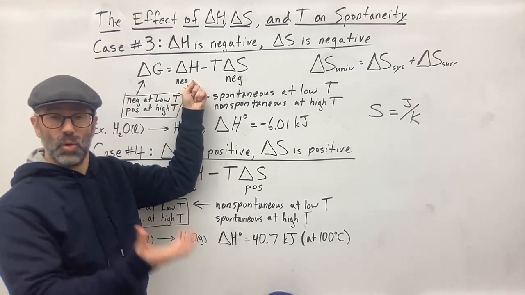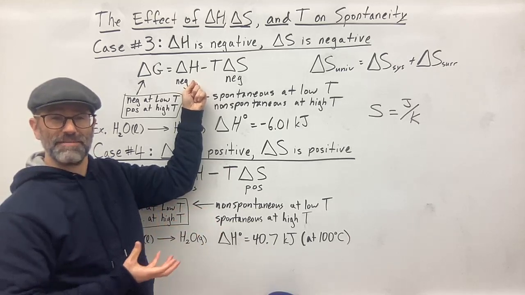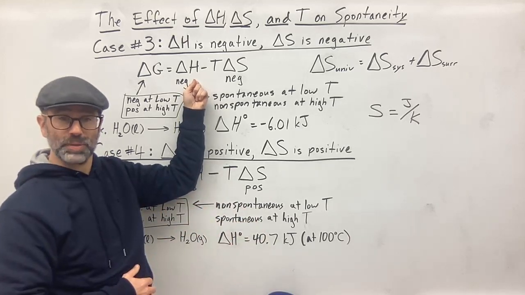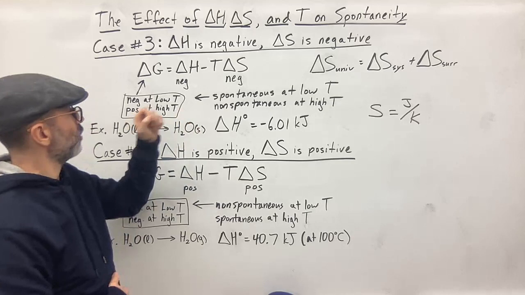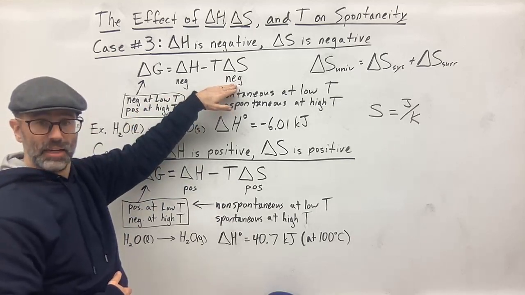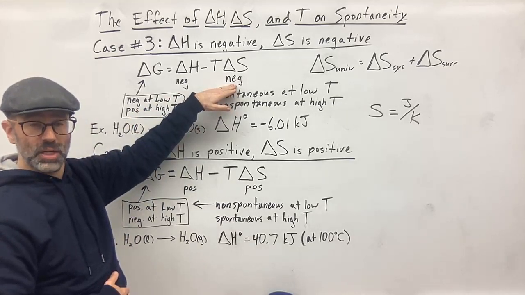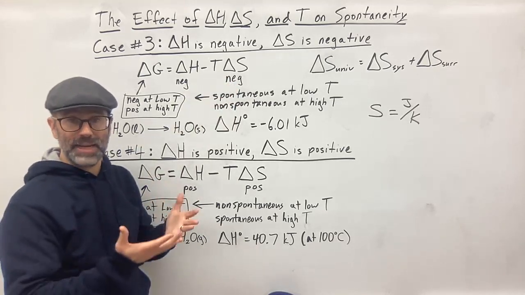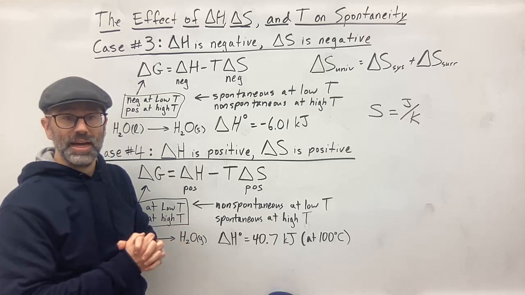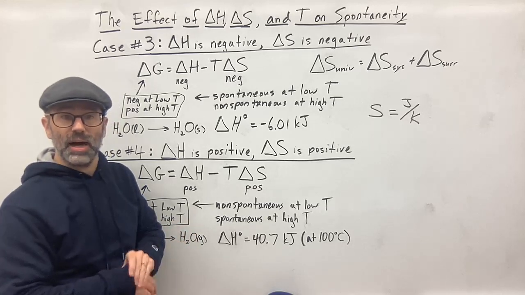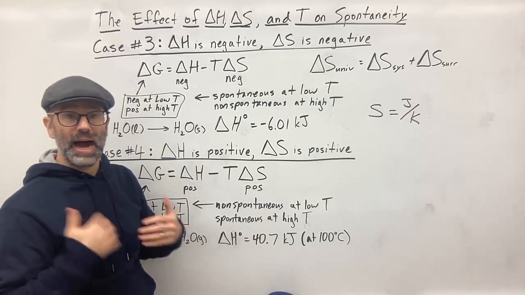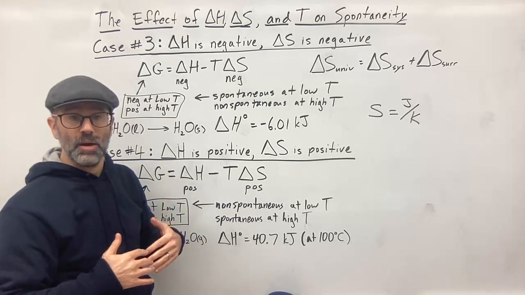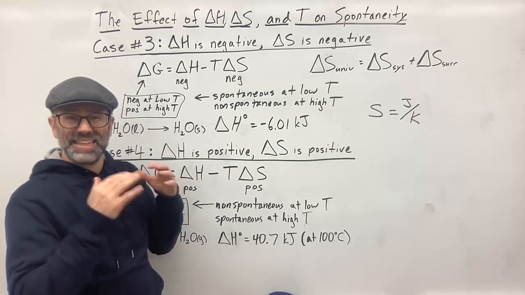And that's what we want. We want more of an increase, more of an effect on the entropy of the surroundings. But here we have a negative entropy of the system. So when are we going to have a greater effect on the entropy of the surroundings? That's going to be at high temp or at low temperature? At low temperature, because at high temperature you have less of an effect.